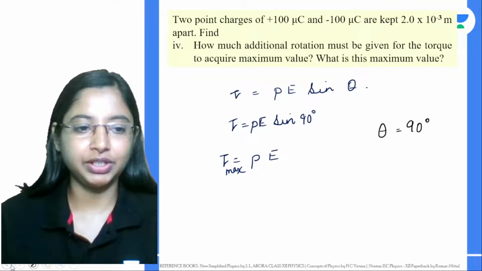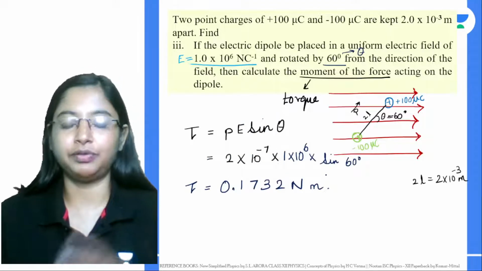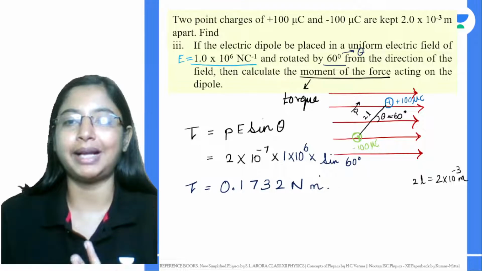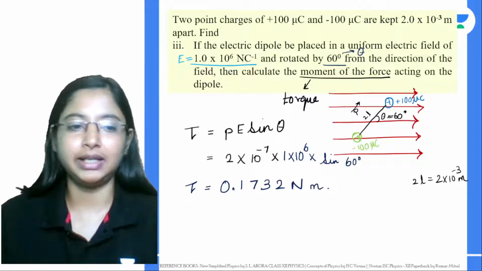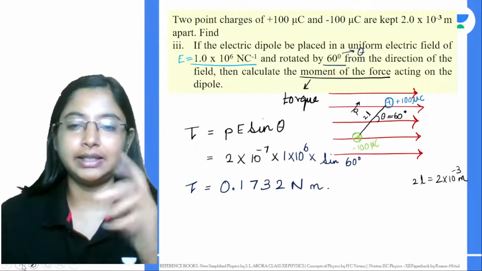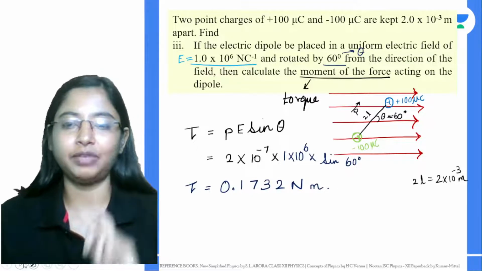Now here, what are we saying? For this entire system, if it should have the maximum torque, then theta has to be 90. Already we are saying this theta is at 60 degrees, which is the angle that the dipole makes with the external field.